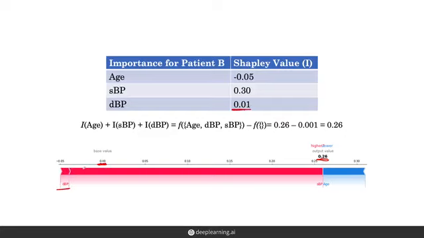The greatest contribution, of course, is by SBP, which is a contribution of 0.3 in the positive direction, and the contribution of age is negative 0.05. Now, age is forcing the output in the lower direction, so it's blue, while SBP and DBP are forcing it in the positive direction, so they are red.